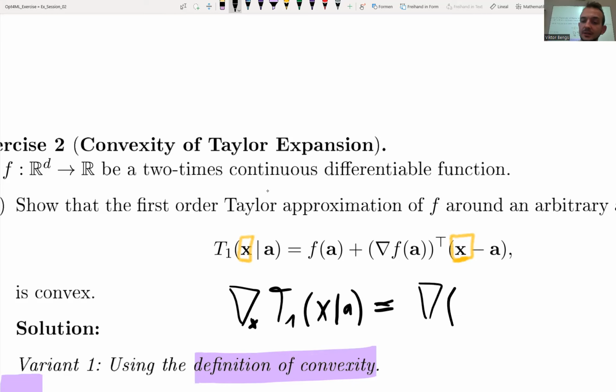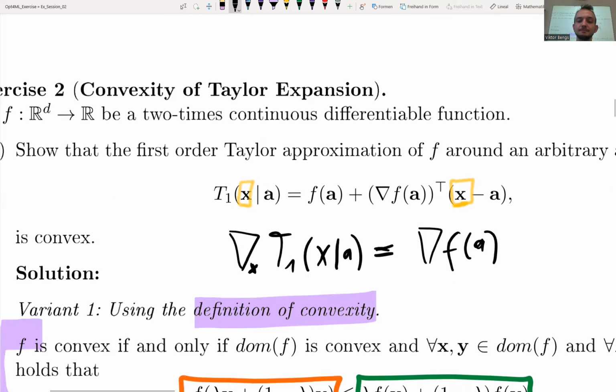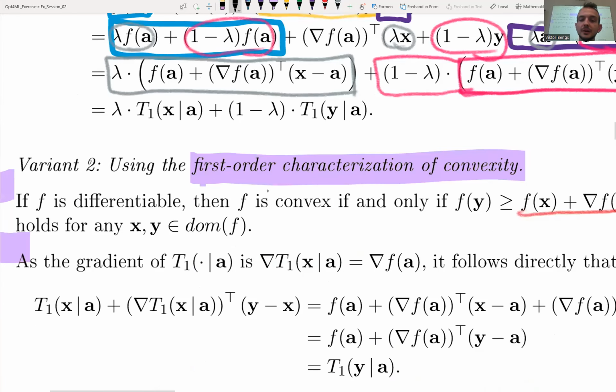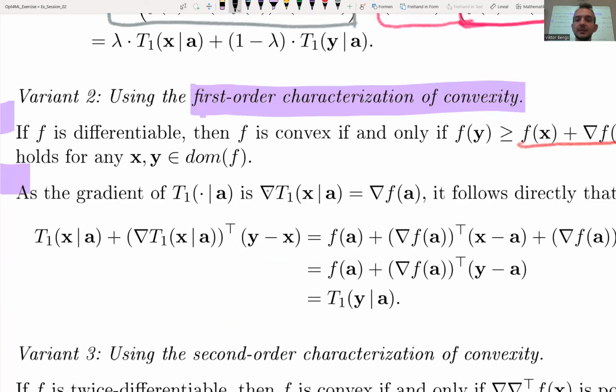So here we see the partial derivative with respect to x1 will only recover the first component of the gradient of f at that point, the second one the second, and so on. So we recover the gradient, of course. Okay, yeah. So this is our gradient we get here.